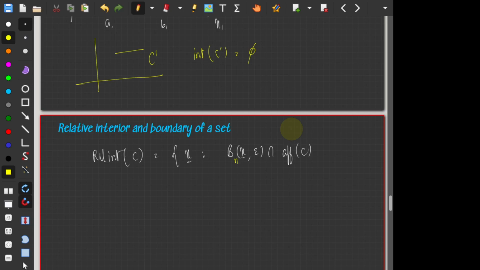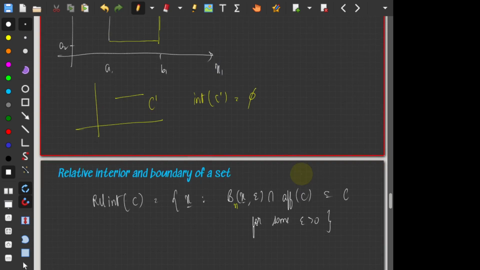It's going to be some circle. So this is what I'll take as my new ball, my proxy for the original ball. As long as this is contained in C for some positive epsilon, then it lies in what I call the relative interior.